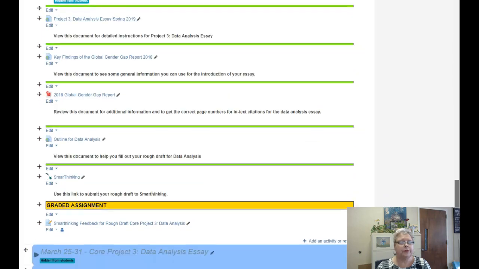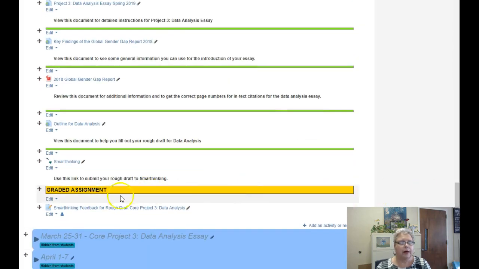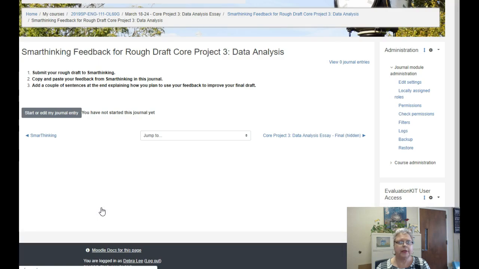All of the things that you need are right here. Here is the graded assignment bar that always alerts you that there's something there for you to do. And here is the submission for the journal that you'll be doing for your grade for this week.